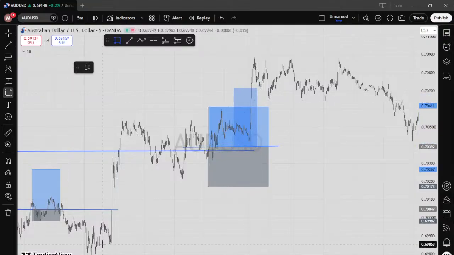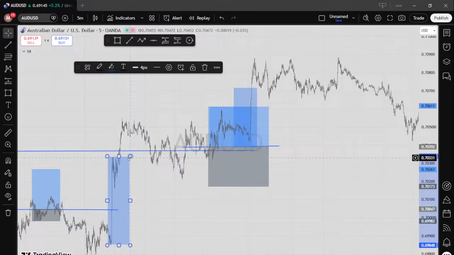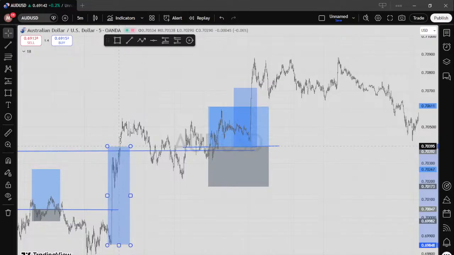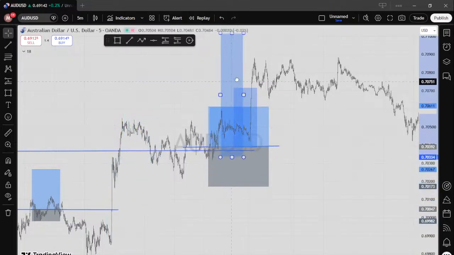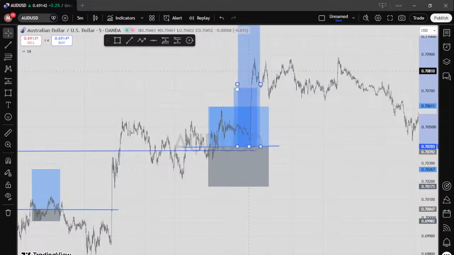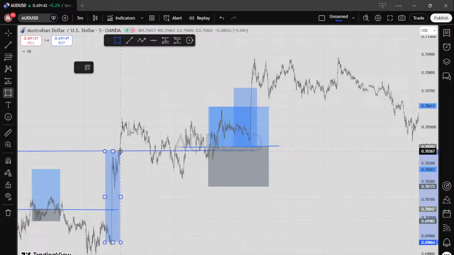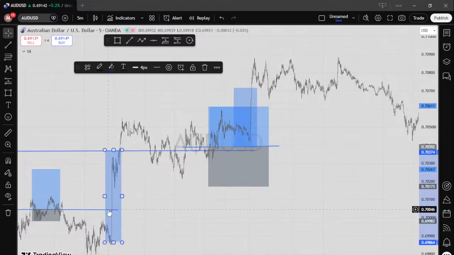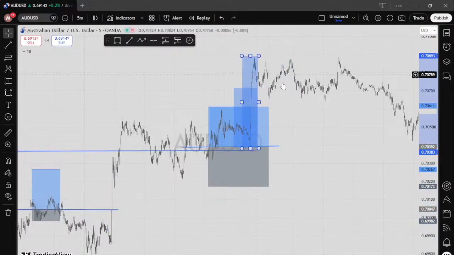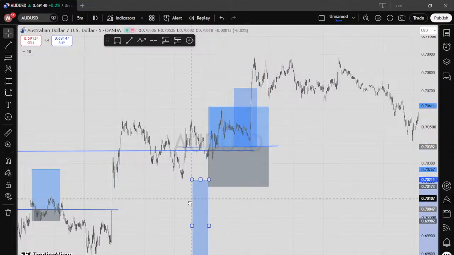You can draw from here to here, it depends on you. You can even draw a position too. For me, I draw from here to here, or from this line to this line. Then put it here, and the market almost hit it, but did not hit it.